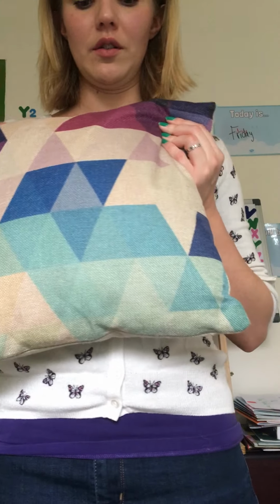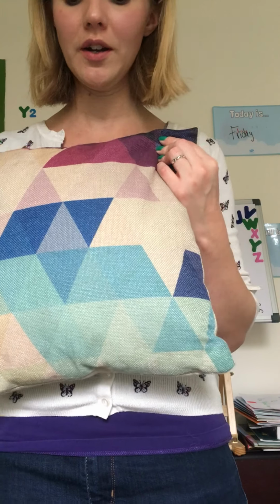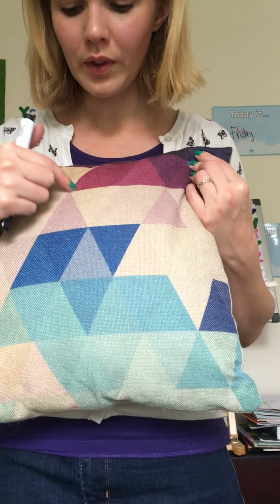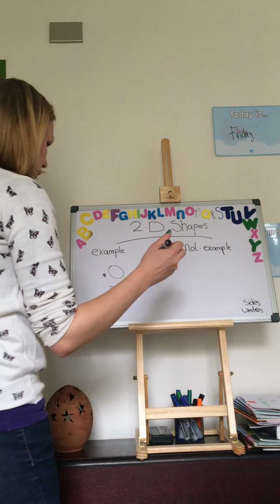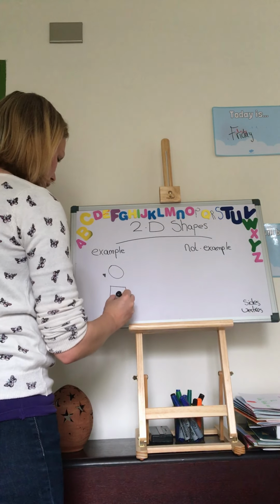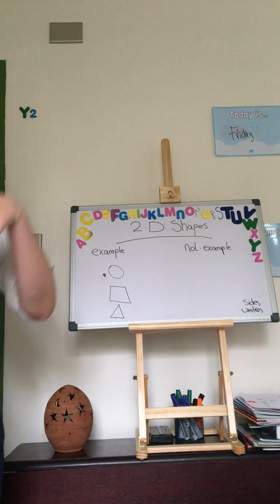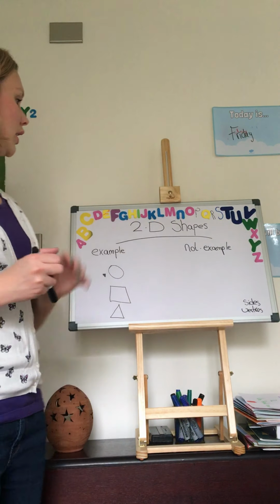Because the size of the pillow, like the form, is a square. But inside you can see different shapes. What do you see? A triangle. Very good. I'm going to draw the triangle here on this one. Okay, so we're going to use these ones for today. These are the examples, yeah?